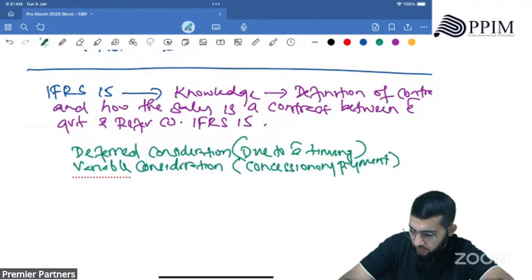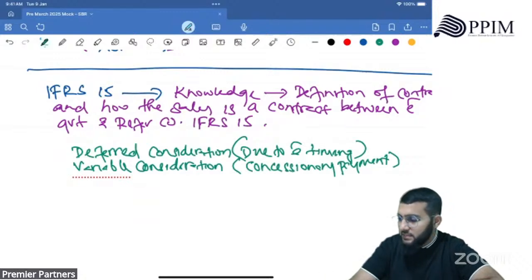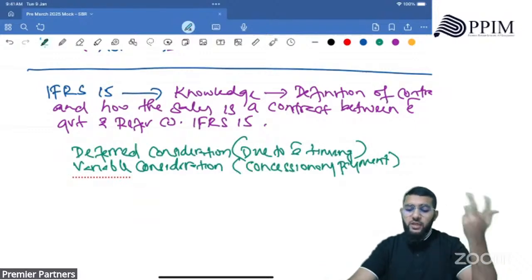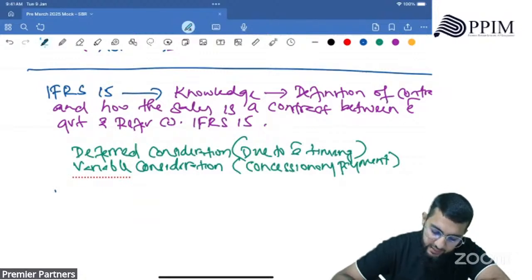Right? So this is where the consideration becomes variable. So you have to bring in how the concessionary payment makes the consideration variable. Now, when you're looking at the receivable, that's IFRS 15, right? Then the IFRS 9 component is there.